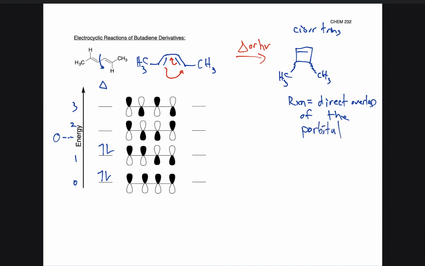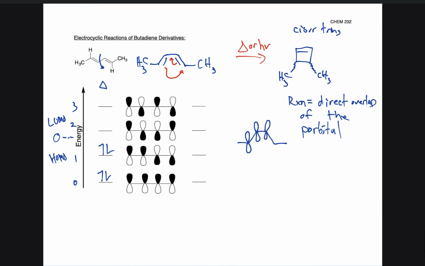So what do we mean by that? Let's take this hexadiene here and draw out the orbitals on the actual molecule. We're just thinking about these pi orbitals, and we want to draw the highest unoccupied molecular orbital, which is here.